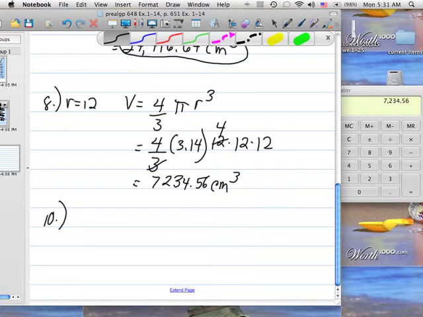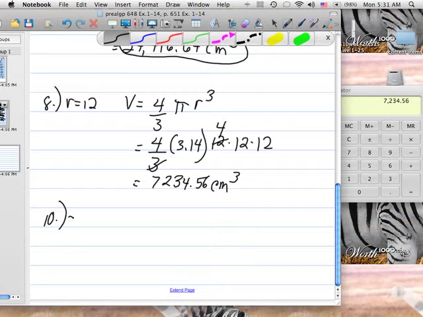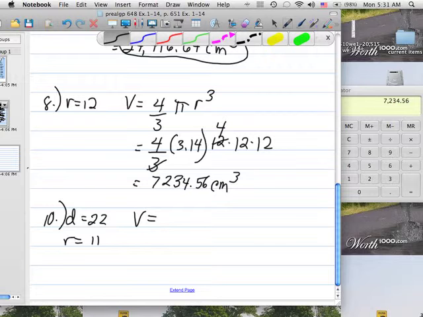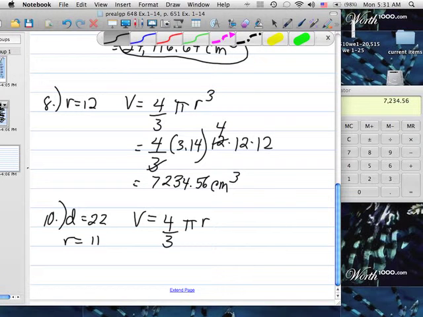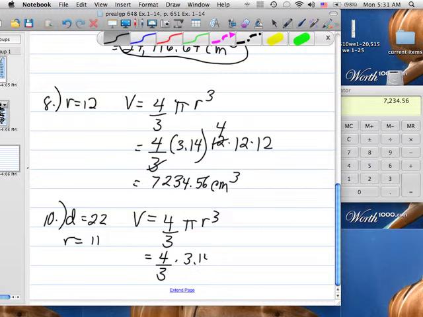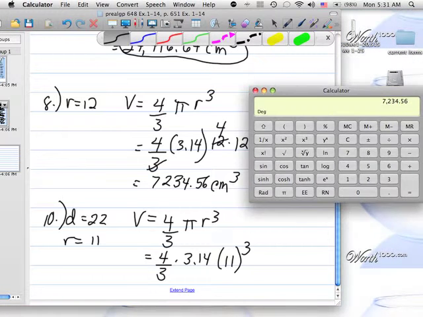Problem number 10, we want the volume of a soccer ball. The diameter equals 22. Half of that would be 11, not divisible by 7. So volume equals 4/3 pi r cubed. So it's 4/3 times 3.14 times 11 cubed.